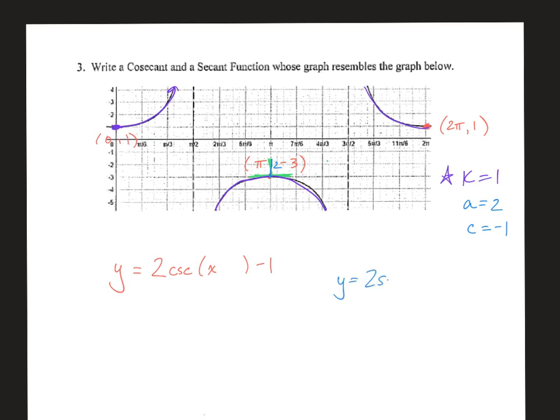Or I have my secant graph. Possible phase shift, possibly not, shifted down 1. So as we go back and we consider the starting point, I know that my cosecant graph normally starts at a minimum. Or I know that my secant graph normally starts at a minimum.